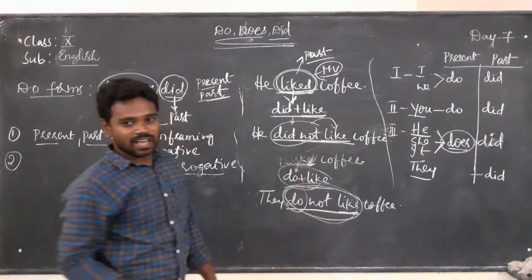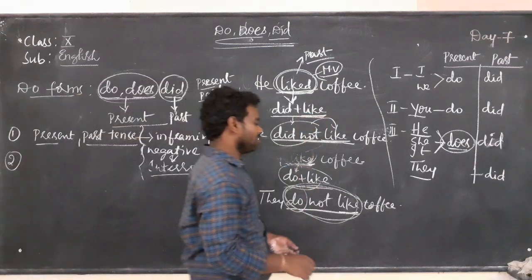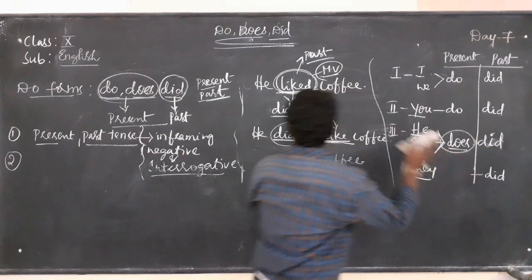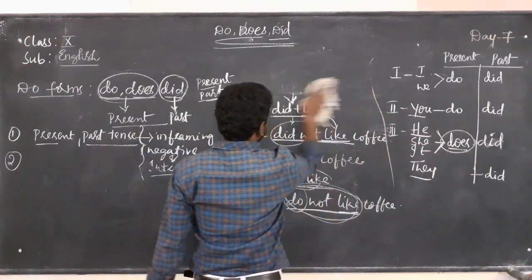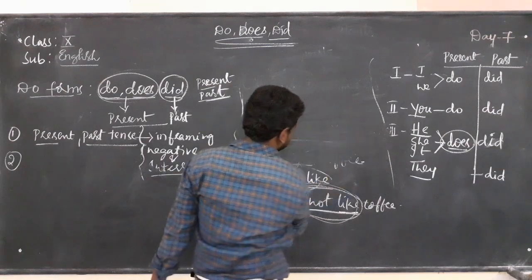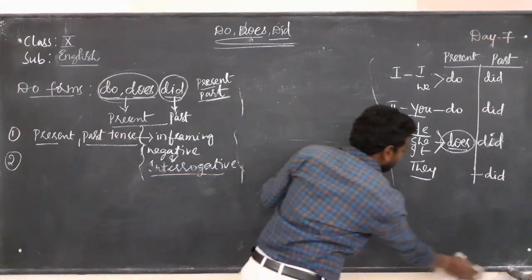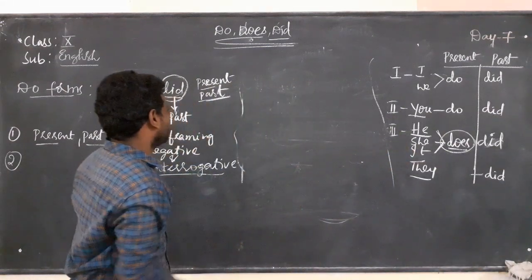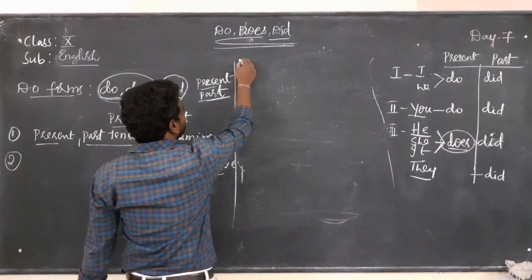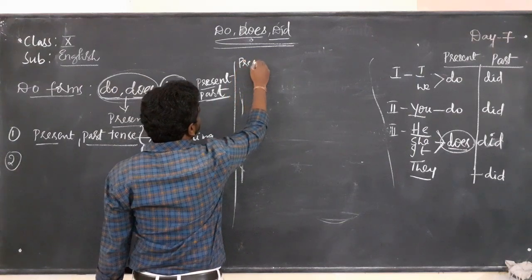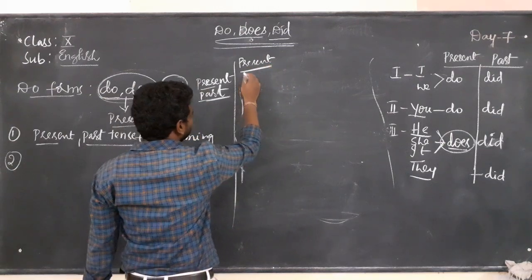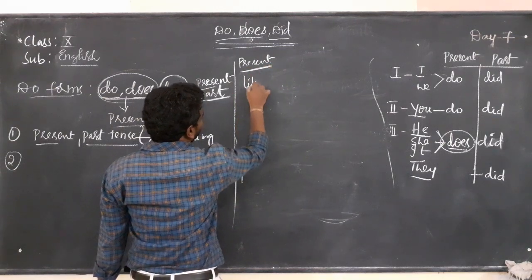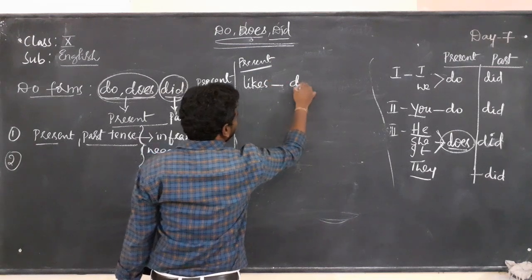So now you see, is it clear? Right. I hope it is. It is very clear. Let us see some examples. I write only present forms, right? For example, likes. How do I write?